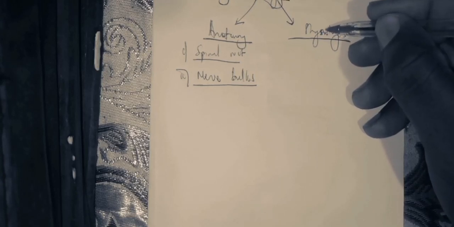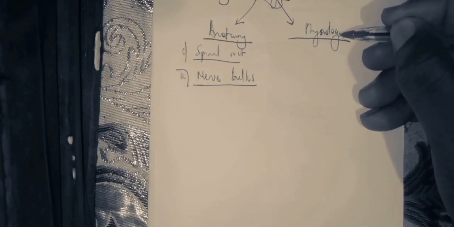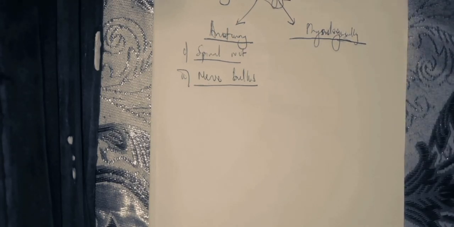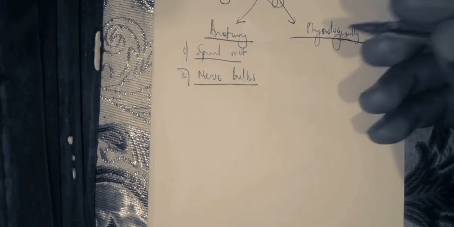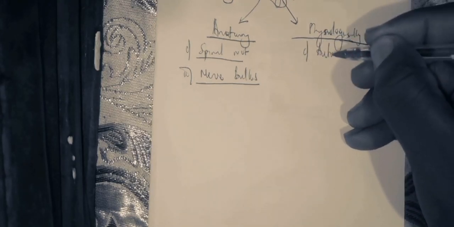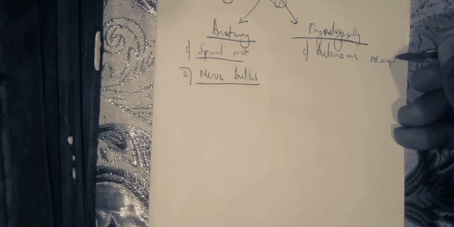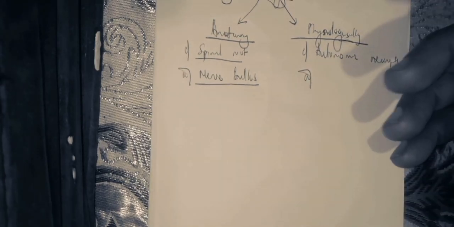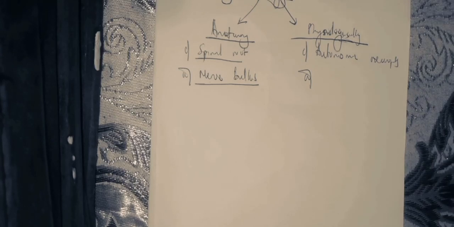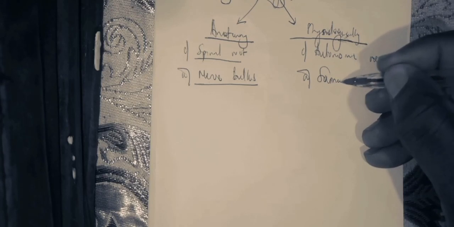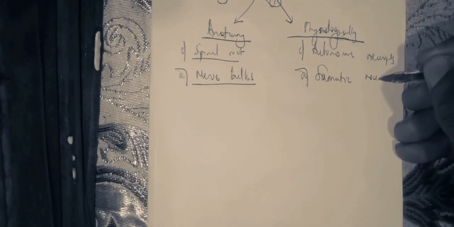Now, physiologically, what are the pathologies that we have in neuropathy? We have a pathology affecting the autonomic nervous system, which is called the autonomic neuropathy. Is it clear? We have pathologies of the somatic nervous system, and a pathology of the somatic nervous system is going to be called the somatic neuropathy.